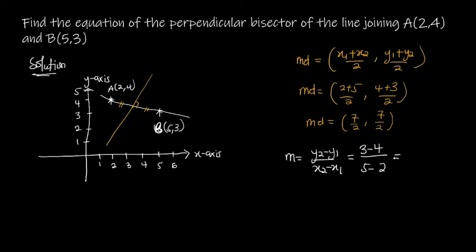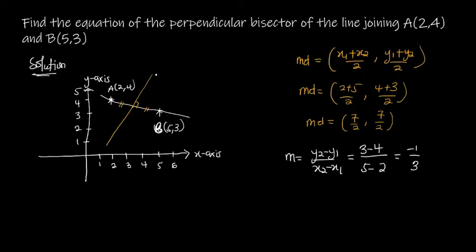So this is equal to 3 minus 4, which gives negative 1, on 5 minus 2, which gives 3. So negative 1 over 3 becomes my gradient of the line AB.